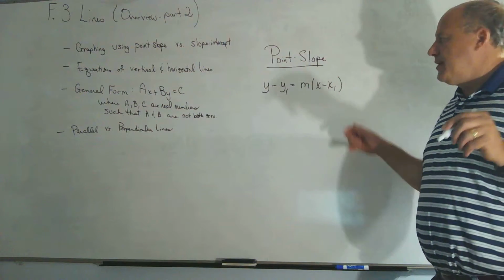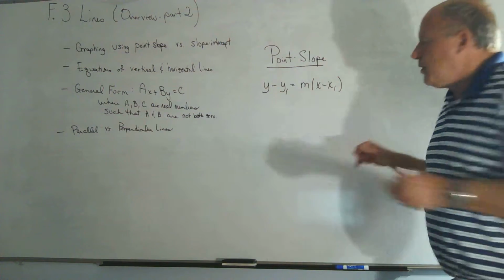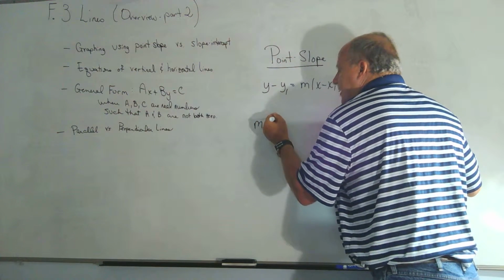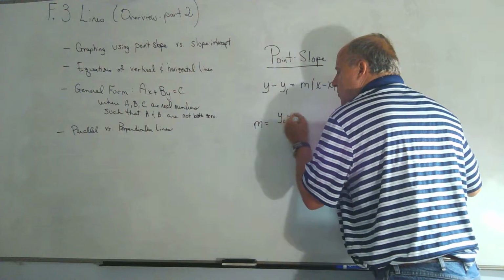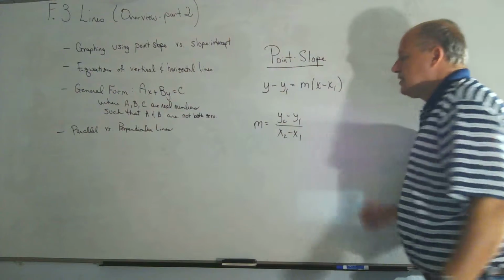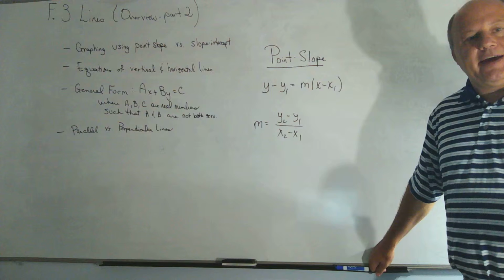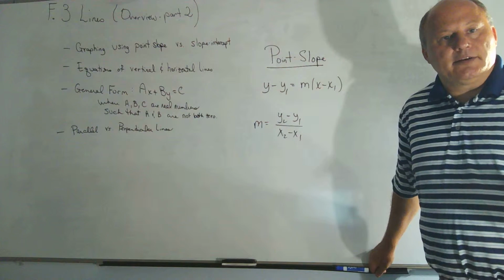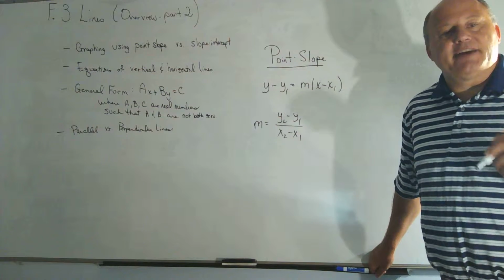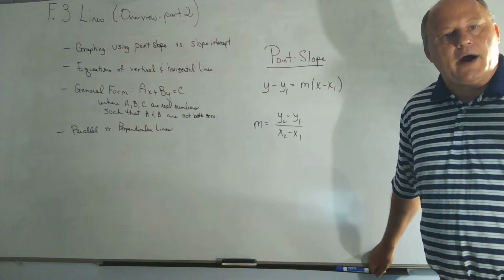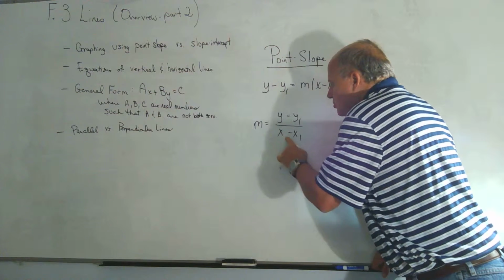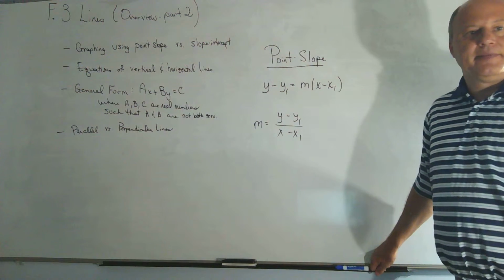So where have I seen this before? Well, if you recall the slope formula, m equals y2 minus y1 over x2 minus x1. Since I told you just now that you'll know a point, it doesn't matter which, I'm going to say I know the second point, x2, y2. So the subscripts 2 will go away.